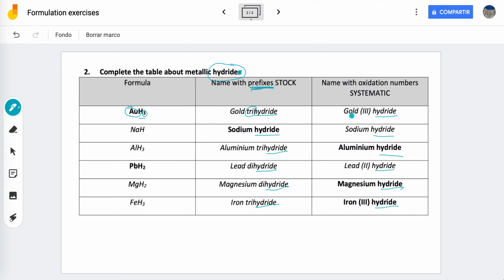We don't use prefixes here, we use oxidation numbers in brackets, okay? This 3 is because gold has 3 as an oxidation number. I will write it here, okay?